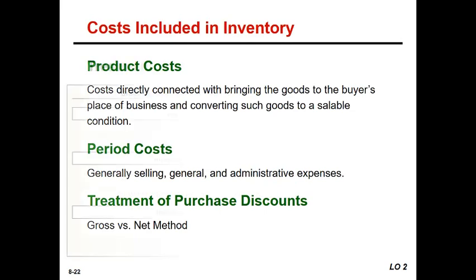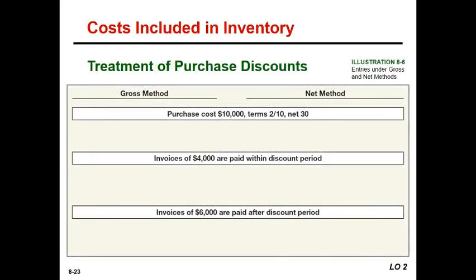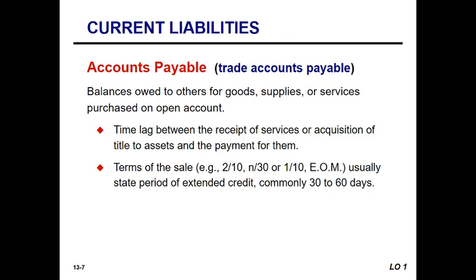But some of the things that we need to talk about is the purchase discounts. So, when I flip back to the chapter 13 PowerPoint, and the current liabilities, you'll see here we talk about the terms of sales, with the examples being 2/10, n/30 or 1/10 end of month.